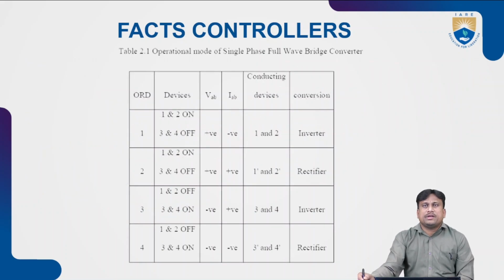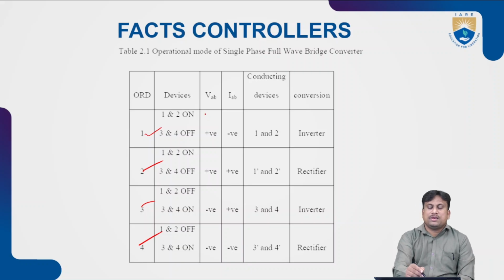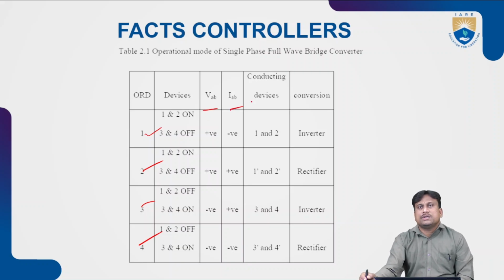This is the operational mode of the given single phase full wave bridge converter. The first case follows the order 1, 2, 3, 4 of the sequence. Depending on whether the devices are in the on state or off state, VAB and IAB are determined. In the first case, devices 1 and 2 are turned on and devices 3 and 4 are turned off.